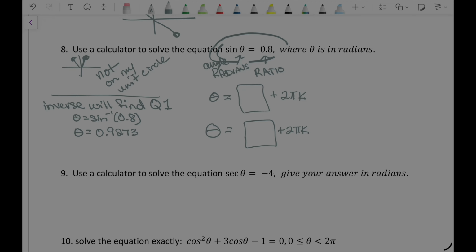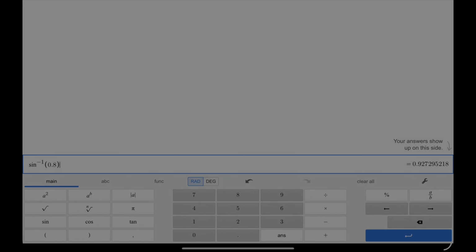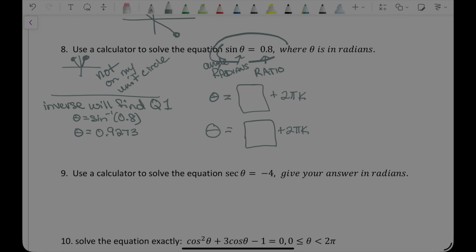I will round, maybe too early, to 0.9273. Now that's the angle in radians. That's going to be this one here.